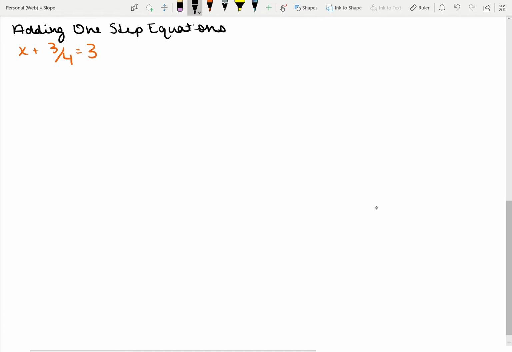So let's start off by using step number 1, which is subtract both sides of equals by 3/4.